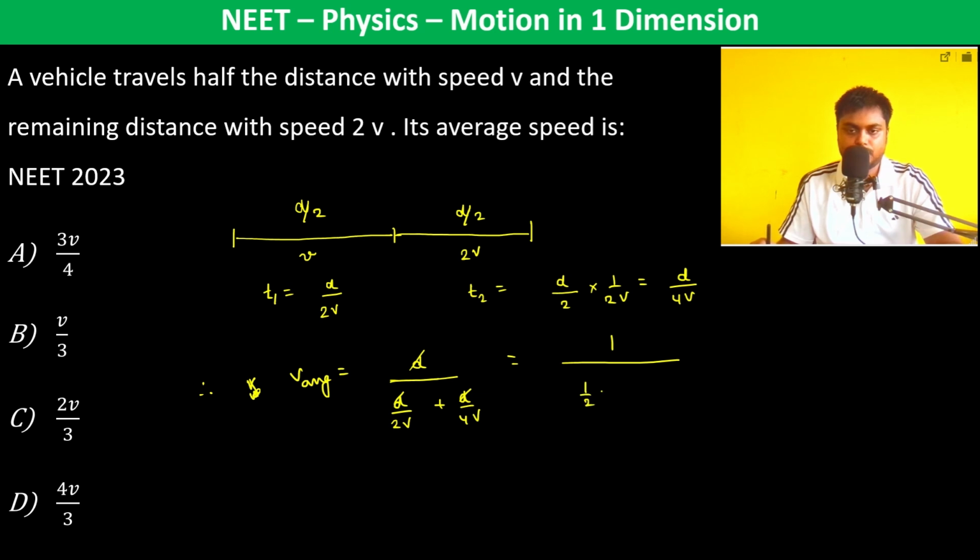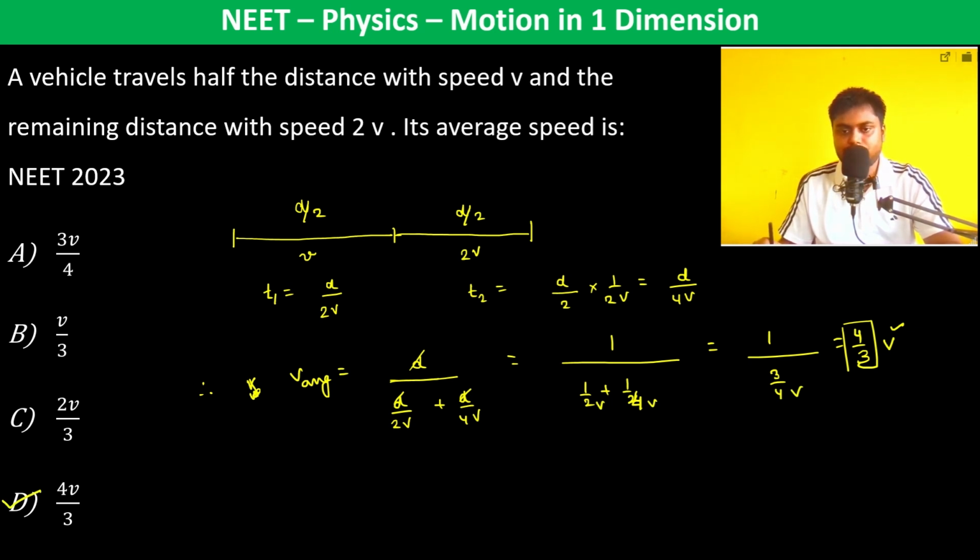So 1 by 2 plus 1 by 4, which is 1 divided by 3 by 4, which is 4 by 3. Okay, and of course v is there, so v will also go up, so 4 by 3 v. So therefore D is going to be the answer.